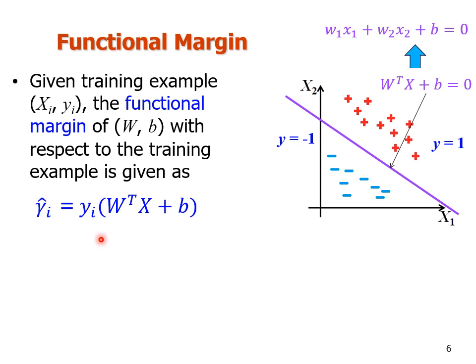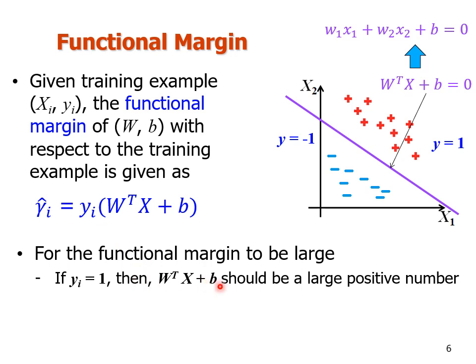Note that if yi is equal to 1, then for the functional margin to be large, that means for our prediction to be confident and correct, we need w transpose x plus b to be a large positive number.